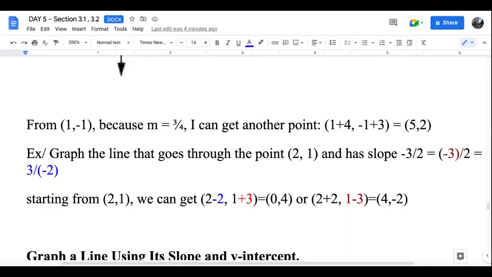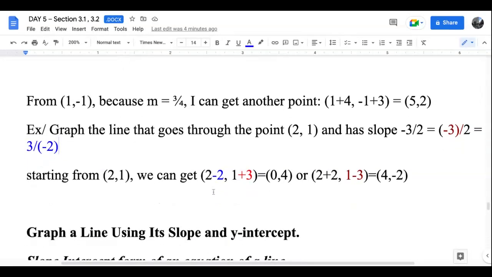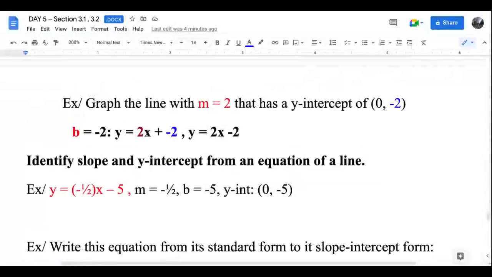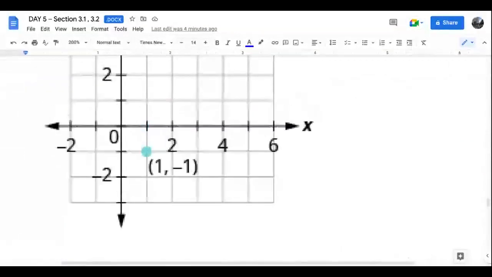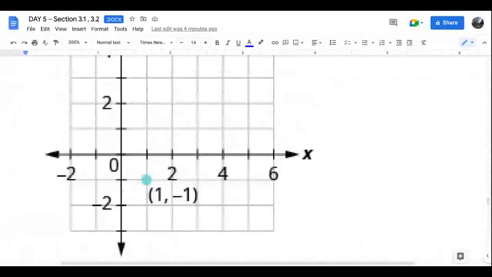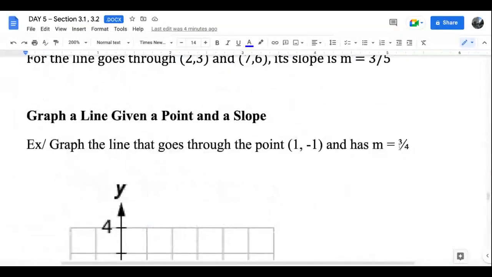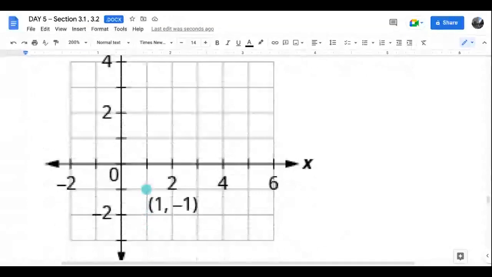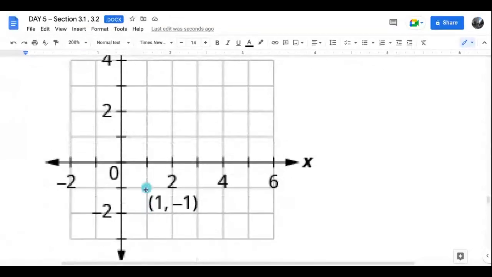If the fraction is negative, would it run down? Let's change this a little bit. Now this is negative 3/4. If it's a negative slope, we can choose one direction from this point.